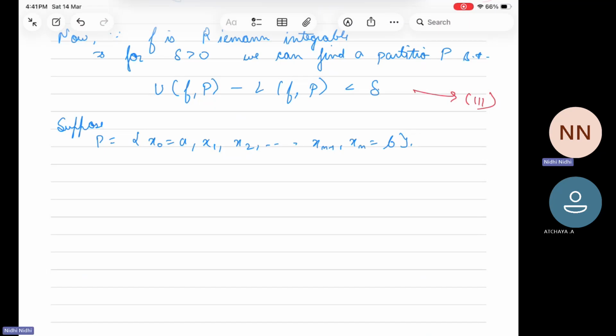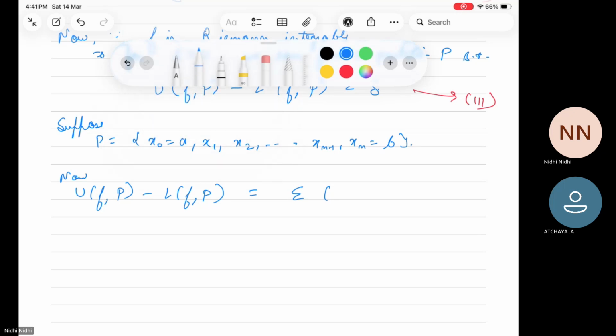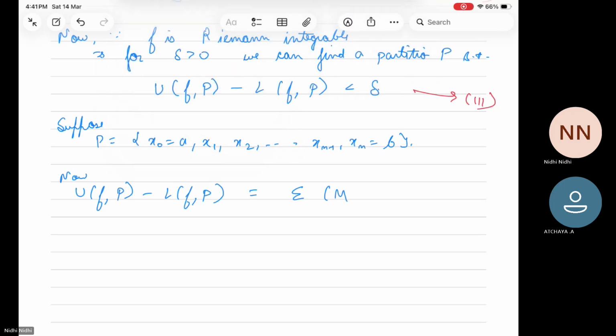Firstly, let's see this U(f,P) minus L(f,P). This is equal to the summation of (Mi minus small mi) times (xi minus x(i-1)).